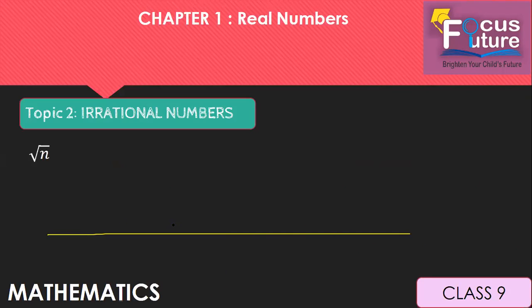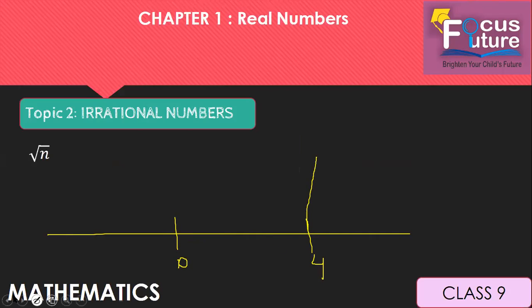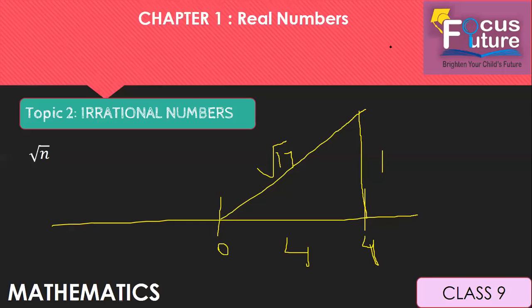If this is your number line and this is 0, and your base is 4 and this is your perpendicular distance 1, its hypotenuse would be root 17. This is how you would represent root 17.